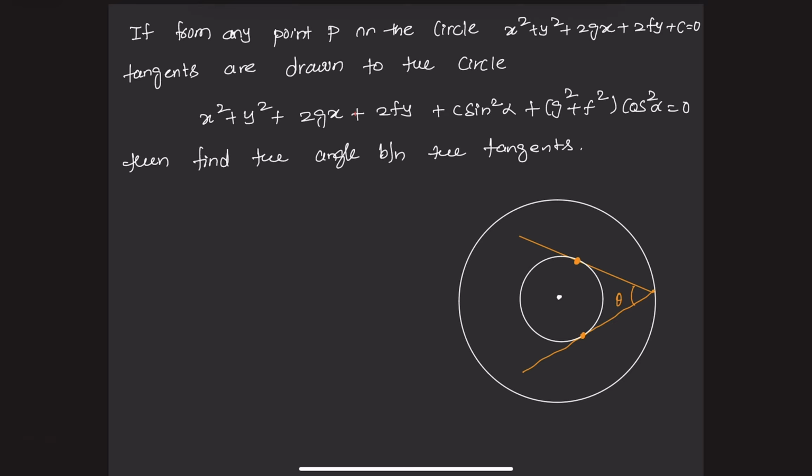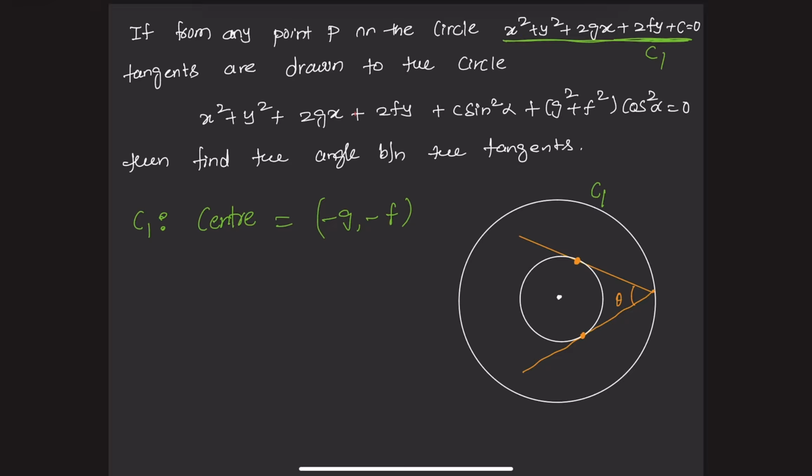From any point on the circle, so this is the circle given. Let us say this is circle C1, the outer circle. For C1, the center of the circle is (-g, -f). Every time you see an equation, try to write the center and radius of those circles and draw a figure.